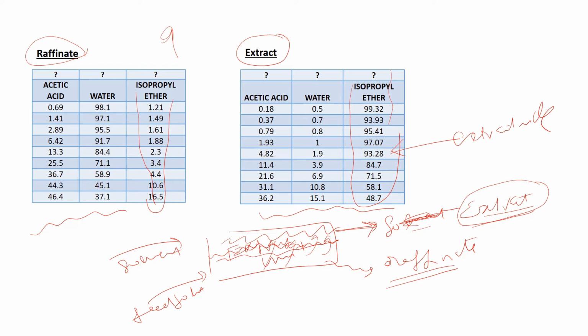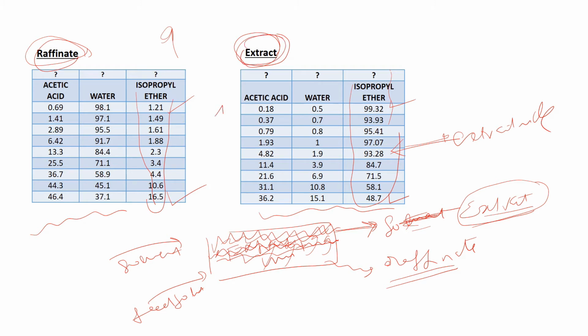So this top part, you see 99, 1.2, you see 48.7, 16.5. So this is your extract side. But anyway, I won't ask you to identify which one is your extract. I will give in the exam clearly what is what. So this is your raffinate side, this is your extract side.